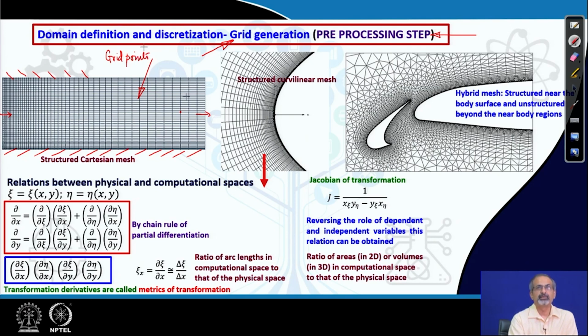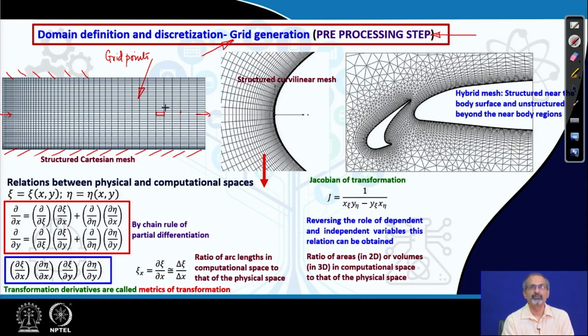Now, in finite difference calculations, we look at the grid points, and we make use of the differential forms of the governing equations, and then we try to approximate them at these grid points. While in a finite volume technique, for example, we talk about these different control volumes.